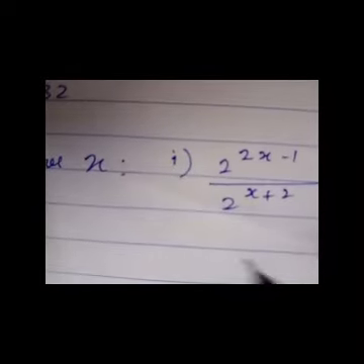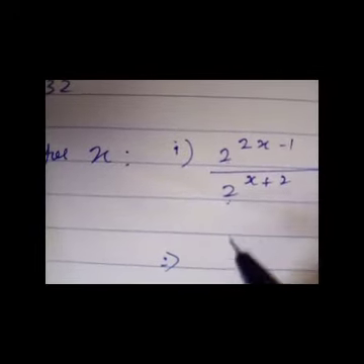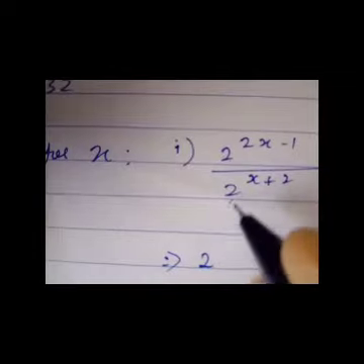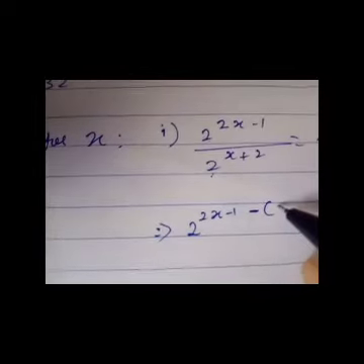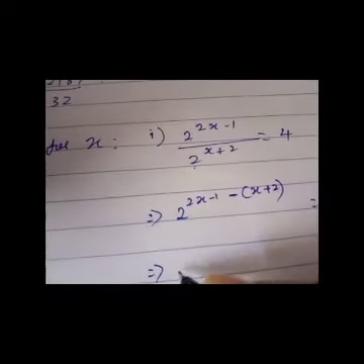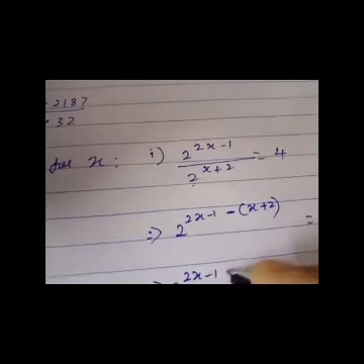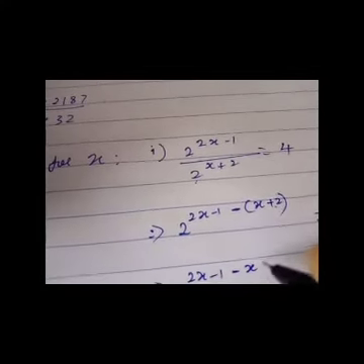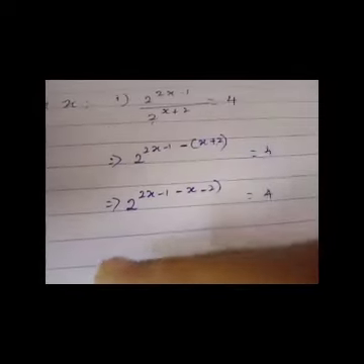Now we are going to solve it. So here the bases are same, so it is in the quotient rule. Quotient rule means you have to subtract the powers. So 2x minus 1, here plus into minus is minus, again plus into minus is minus, which is equal to 4.